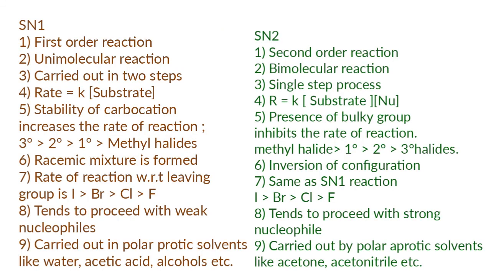Now we can compare SN1 and SN2 reactions. The SN1 reaction is a first order reaction, whereas SN2 is a second order reaction. SN1 is a unimolecular nucleophilic substitution reaction and SN2 is a bimolecular nucleophilic substitution reaction. SN1 follows two steps, that means it is a two-step reaction, whereas SN2 is a single step process.